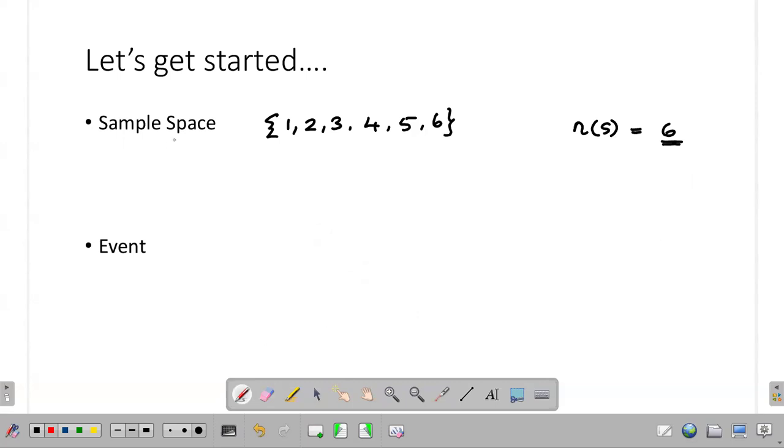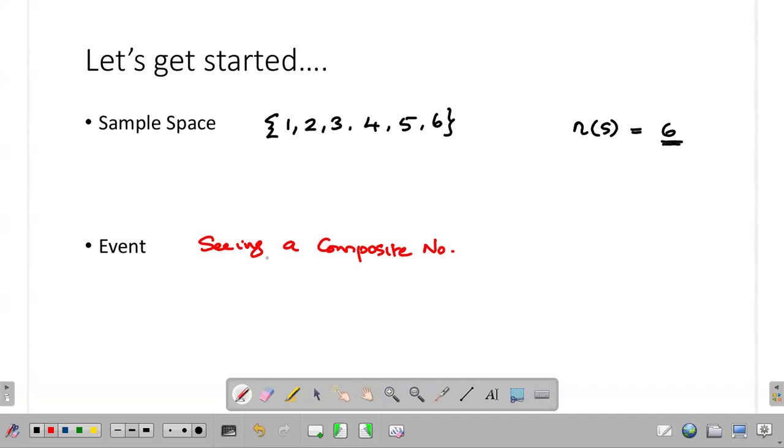Now, after talking to you about sample space, I'm going to talk about something called an event. Let us consider an event here. When I am rolling a dice, I end up seeing a composite number. Okay, so the experiment is rolling a dice. So you know the sample space is 1, 2, 3, 4, 5, 6.